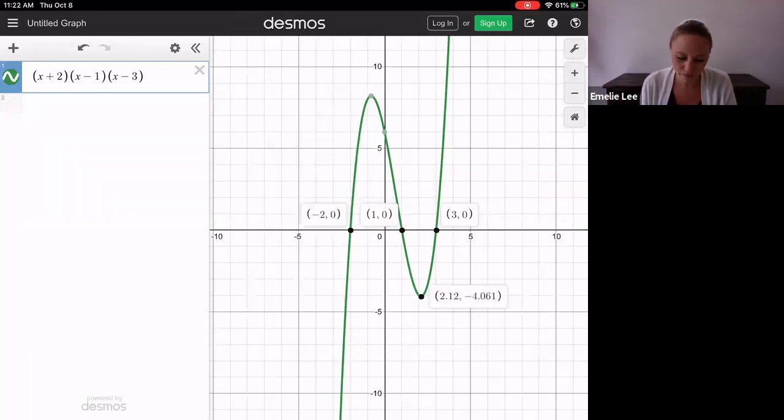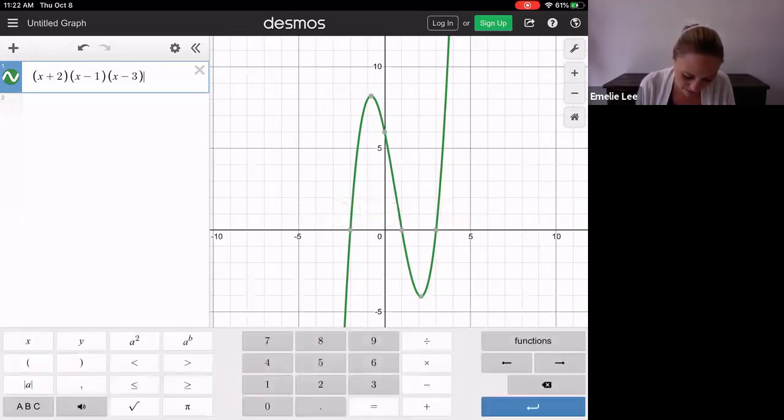Right? Now, I want to try something because I haven't tried it before, because I saw that there's these inequalities down here. So I didn't try this with my last class, so we'll see how this goes. But if I put in the less than or equal to 0, it won't give me the line anymore.